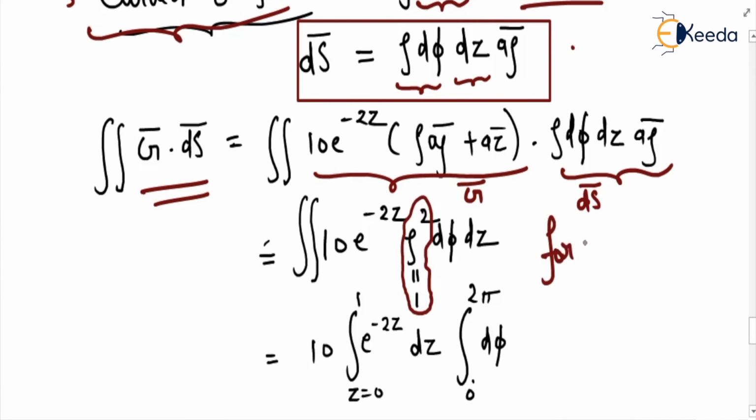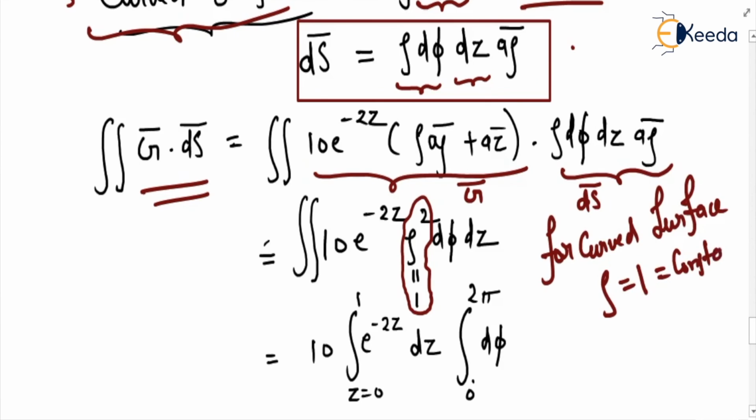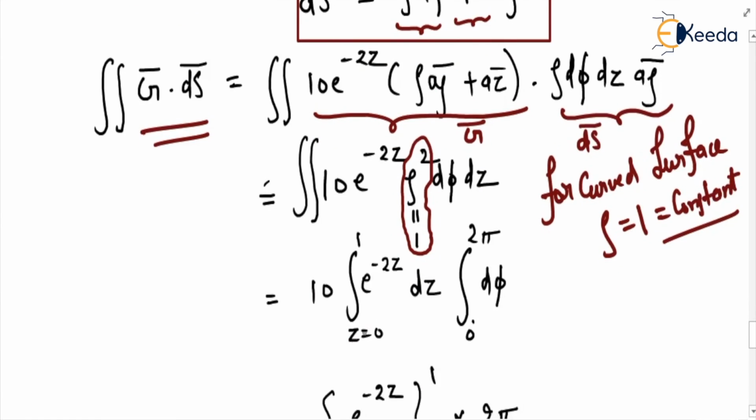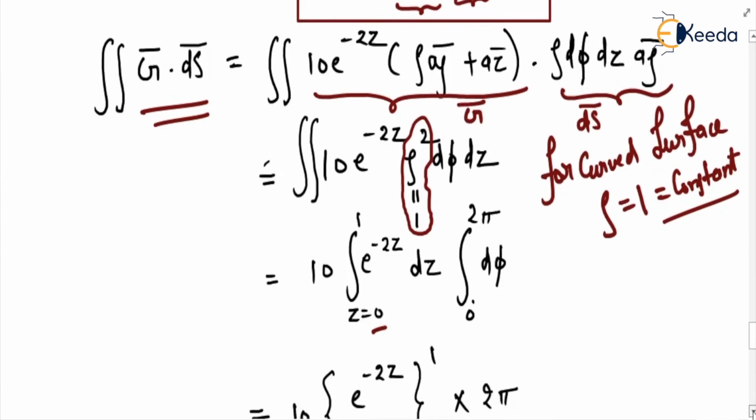So for the curved surface the value of rho is equal to 1, which is constant. So tan we can take outside, and then the limit of z is from 0 to 1. So e to the power minus 2z dz will be integrated from 0 to 1, and the integration of d phi is phi, and the limit is from 0 to 2 pi.